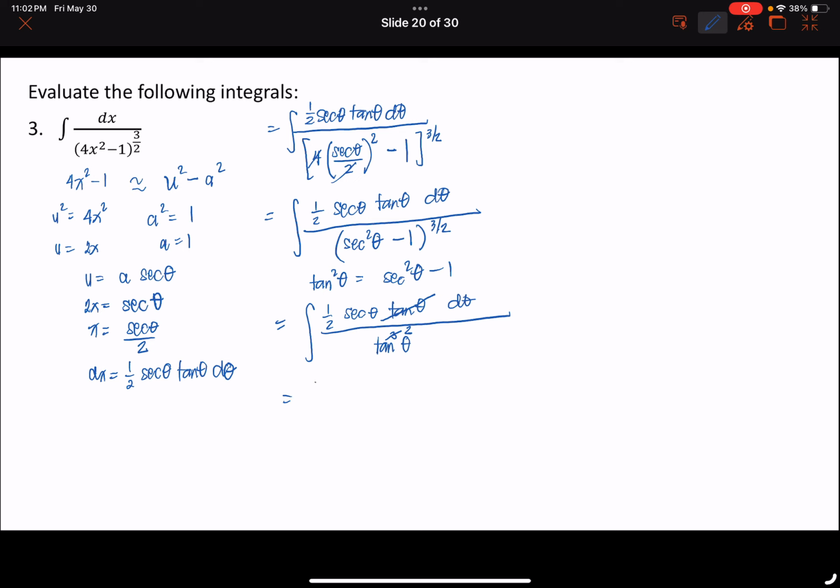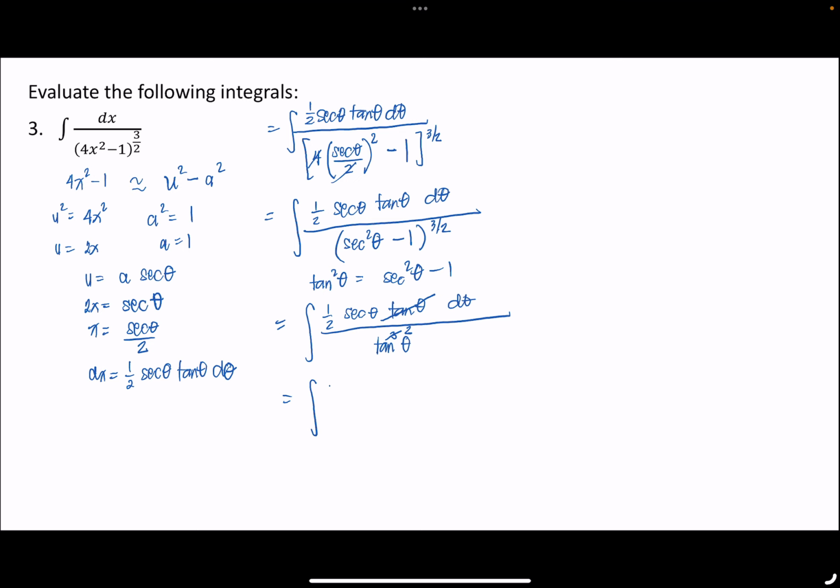We express everything in terms of sine and cosine. So we have 1/2 times 1 over cosine theta, and then we have 1 over tangent squared theta. Tangent theta is sine over cosine, but it is in the denominator, so cosine over sine, squared. So we have cosine squared theta over sine squared theta d theta.